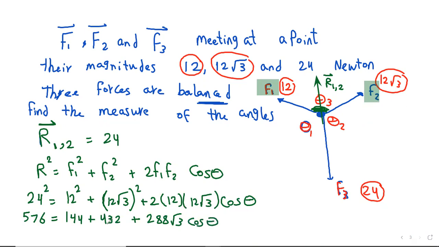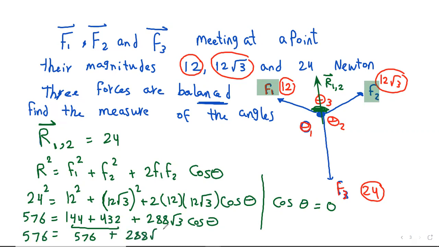Adding them up, 144 plus 432 is 576, so 576 equals 576 plus 288 root 3 cosine theta.